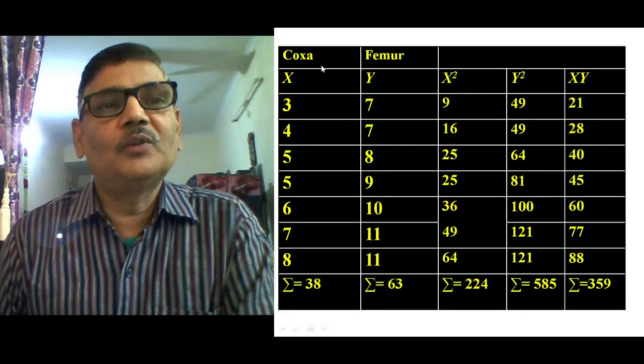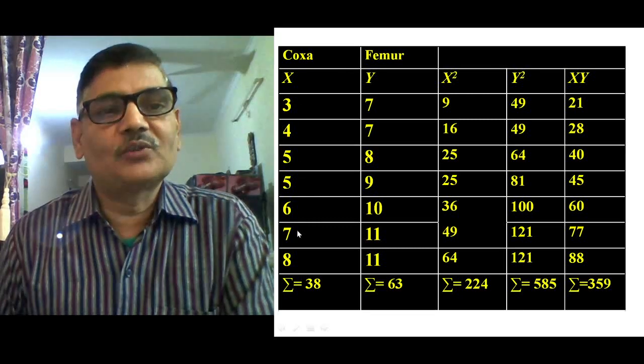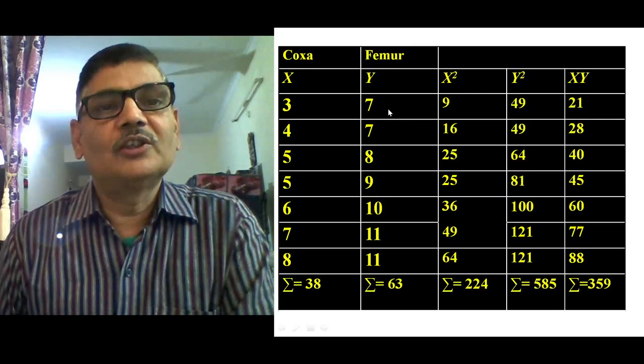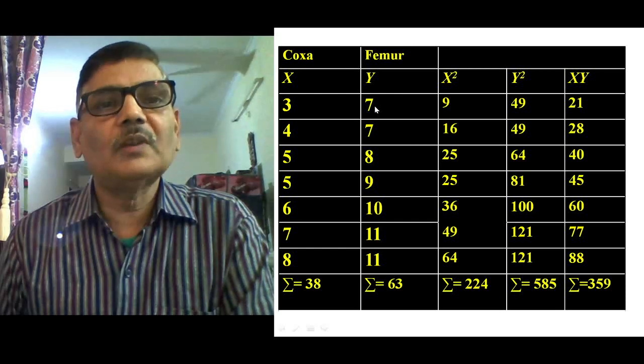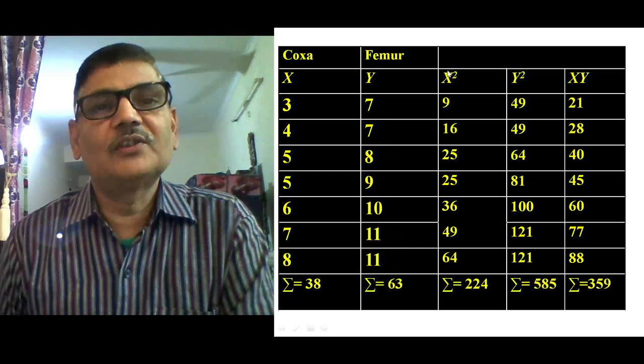And what we do, we actually find out the sum of x values. Here sum of x has come 38, means all these individual values have been added and the total comes 38. Likewise, the values of y have been added and it has come 63.